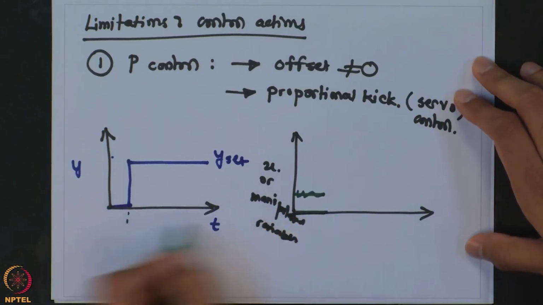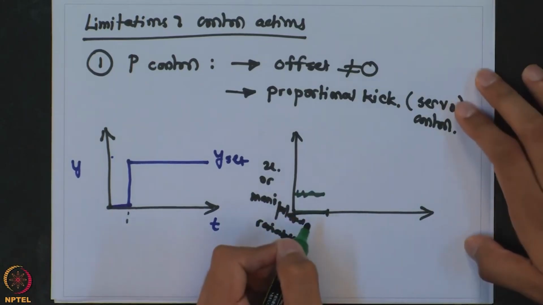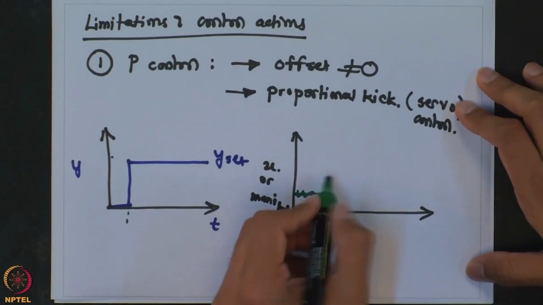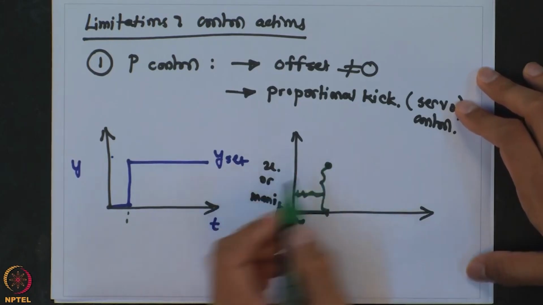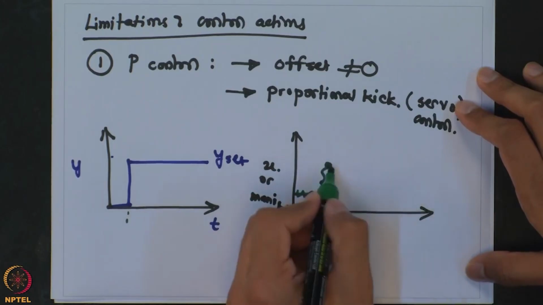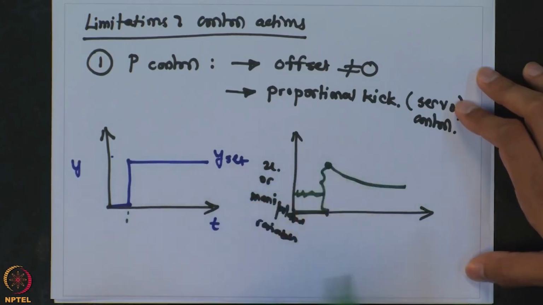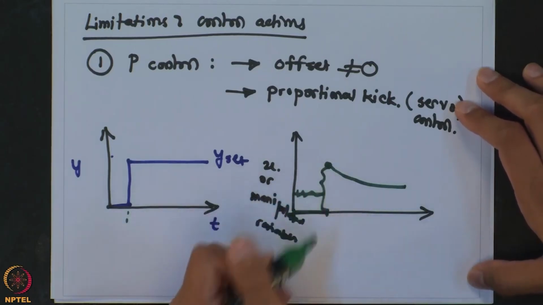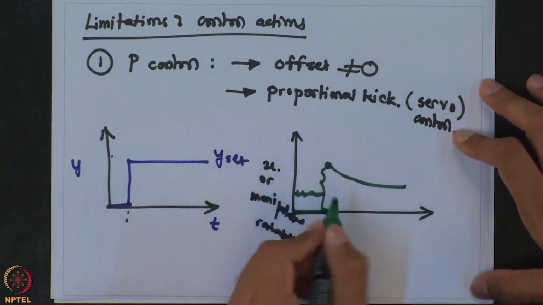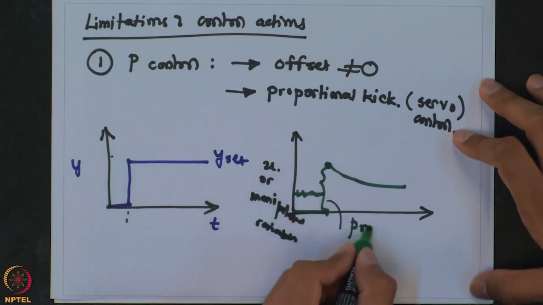the moment this step is applied, the controller will ask a rapid change in the manipulated variable and then alternate, and eventually it will reach whatever is the final value. So this initial jump, the moment the set point change is requested, is known as proportional kick.